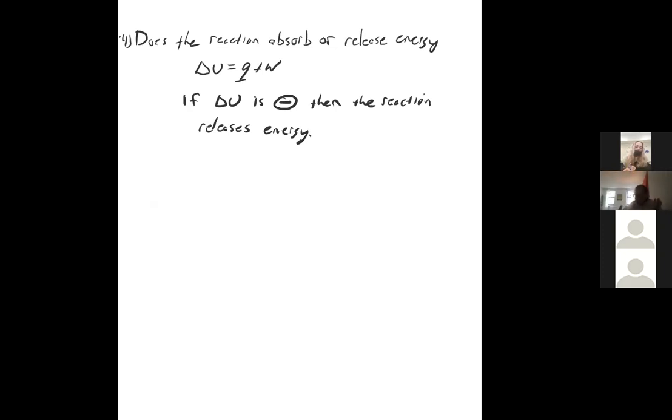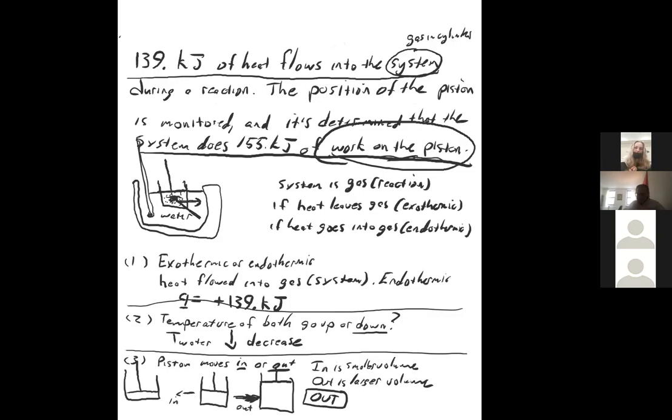So all you got to do then is you just got to add the two numbers together. We already figured them out in our previous one here. We already figured out that Q is positive 139. Now, we didn't figure out what the sign of the work was.